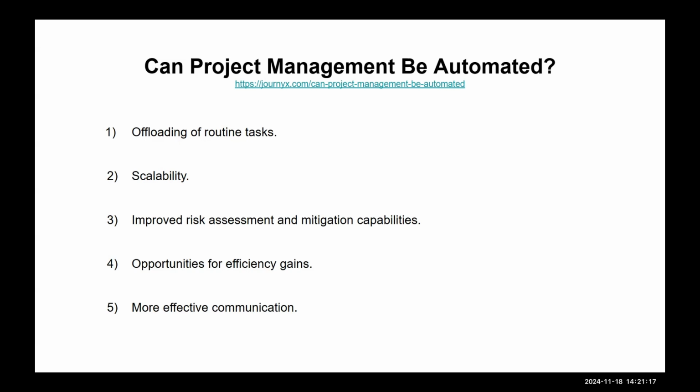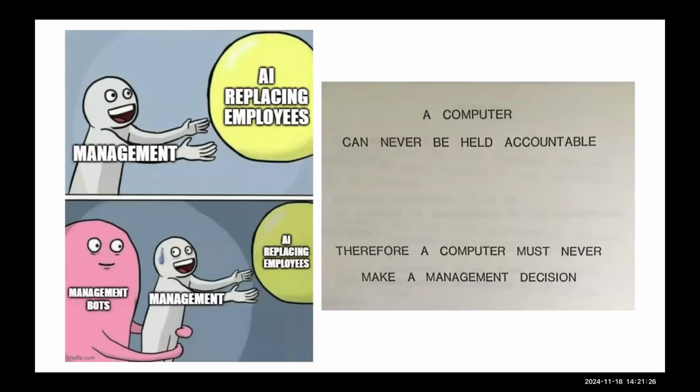So depending on what your project is, you have to think about all of these aspects and how they fit into your overall strategy. So here's a good shorthand for a lot of the things I'm talking about in terms of automation. There's this meme here where there's management as this character, and then this balloon that's AI replacing employees.